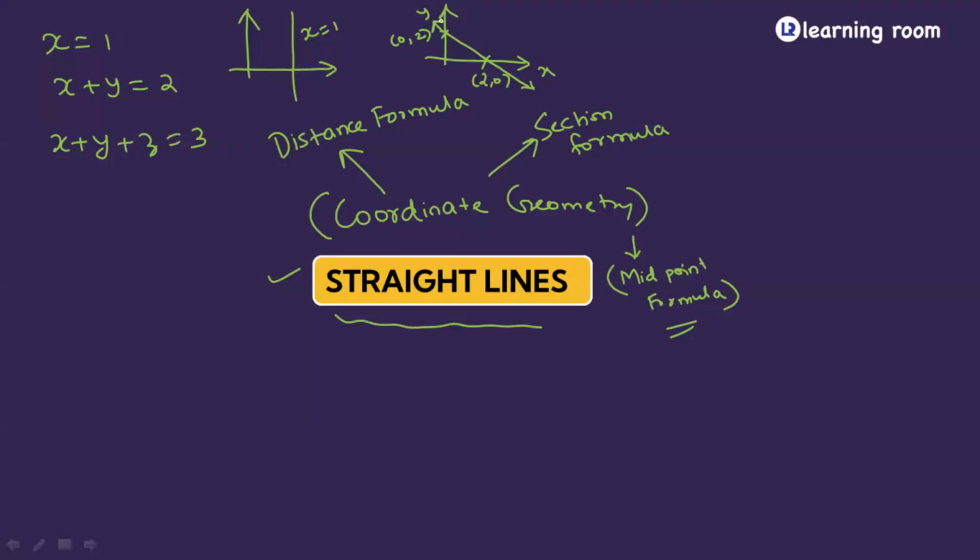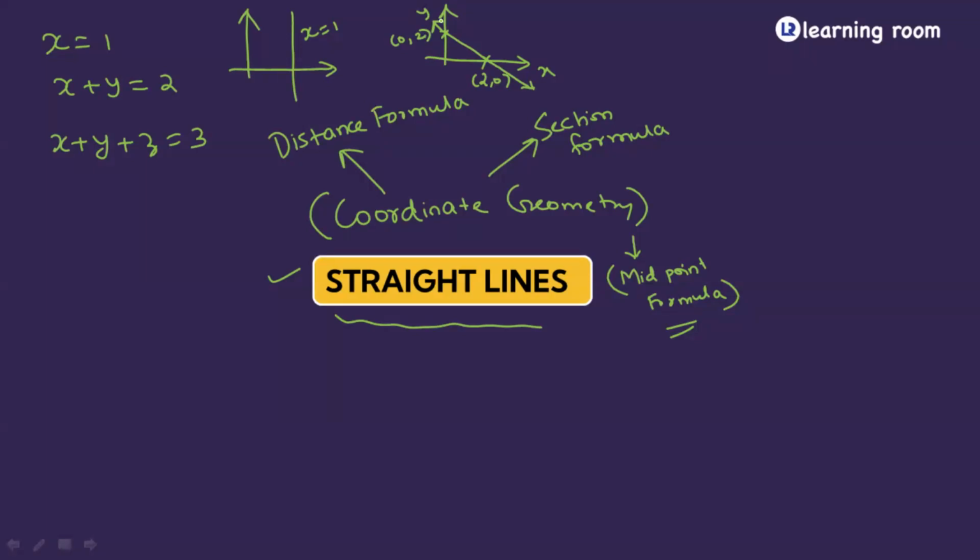So as of now, in this chapter on straight lines, since we know from the basics of linear equations that linear equations in any number of variables represent a straight line, our job in this chapter is to frame the equations of straight lines. They'll give you some conditions, and based on those conditions you need to frame the equations of the straight lines which satisfy them.